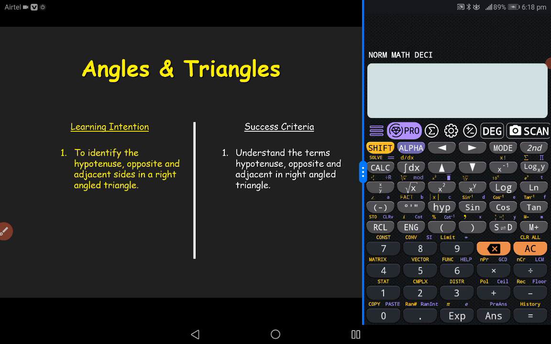This is the first criterion that you need to achieve. Whenever you see a right-angled triangle, you should be able to identify the hypotenuse, the opposite side, and the adjacent side in that given right-angled triangle. So this is what we are going to look at.